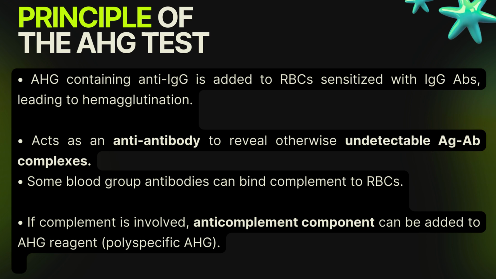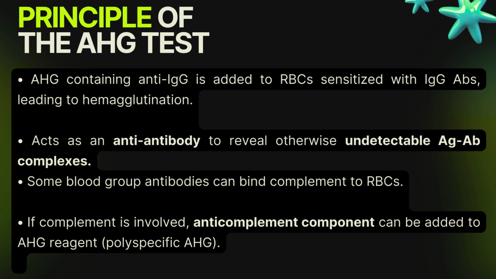So the AHG test involves adding AHG, which contains anti-IgG, to red blood cells that have been sensitized with IgG antibodies. So this process can lead to hemagglutination, which is a visible clumping of cells that indicates the presence of antibodies.